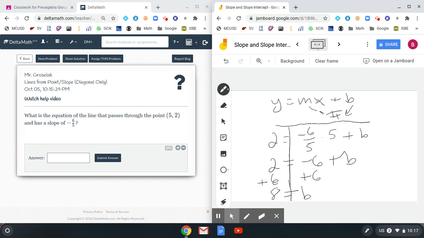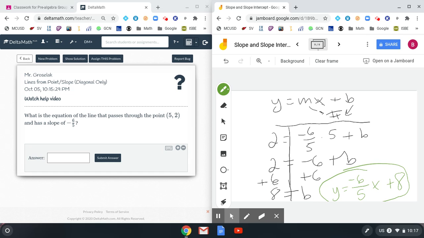So then I need to rewrite my equation. I'm going to write it in green here so that I know it's the answer. My final equation then would be y equals negative 6 over 5x plus 8. When you're writing your final equation, you want to make sure that you're plugging in for m, plugging in for b, and then leaving x and y as x and y, because that equation is telling us that we have a bunch of different things that we could use for x and y.